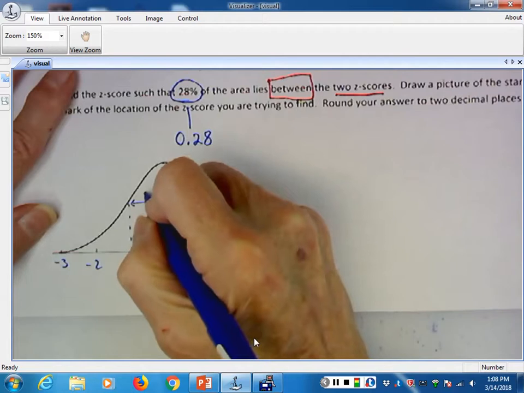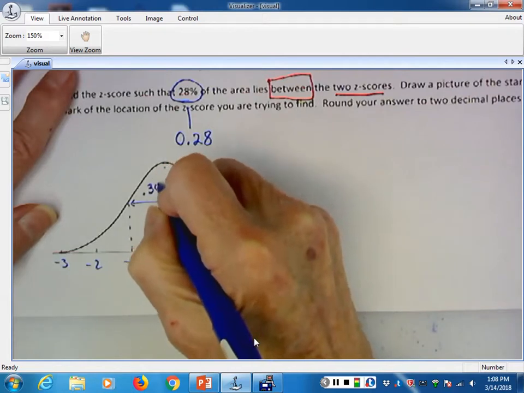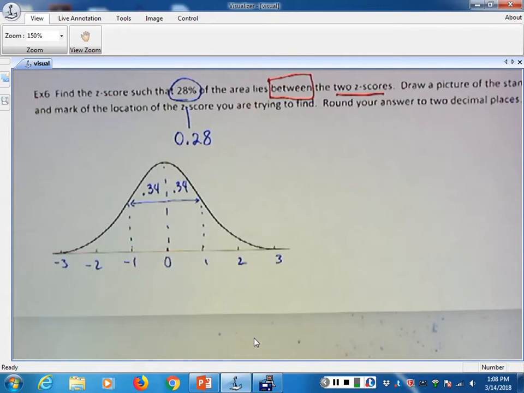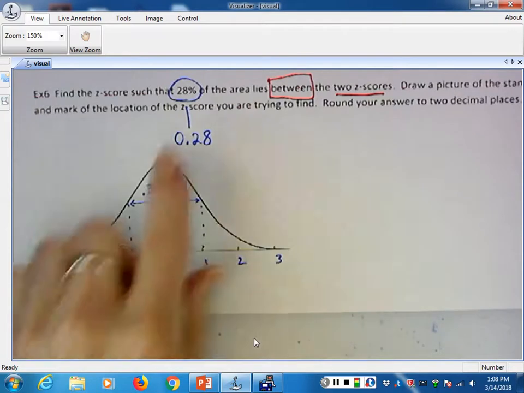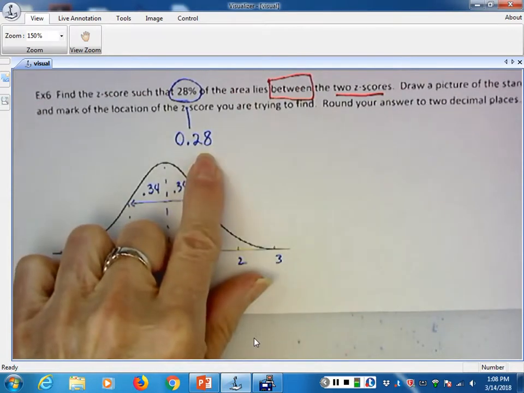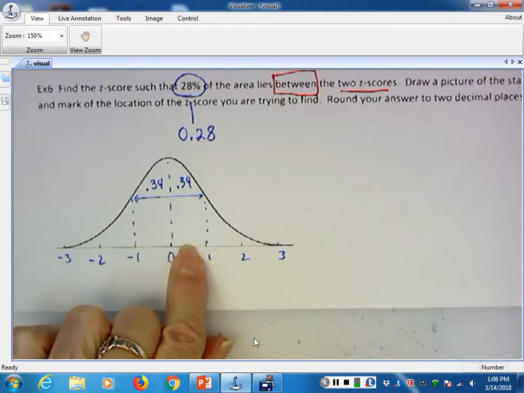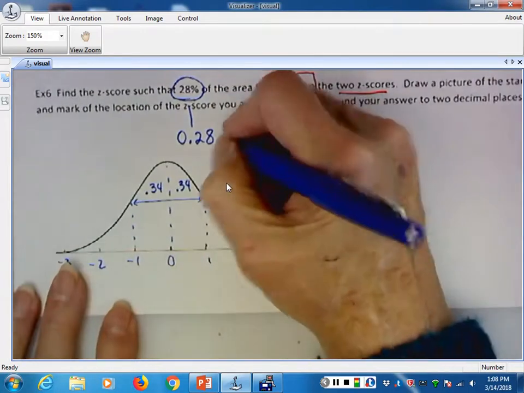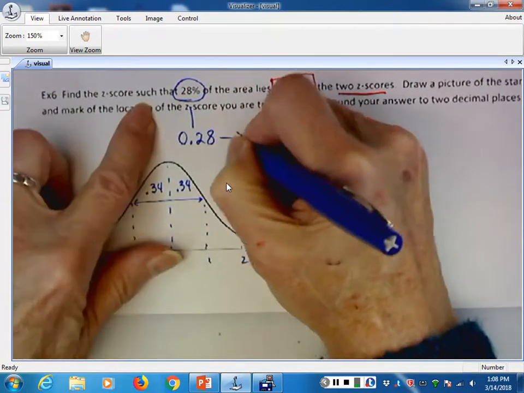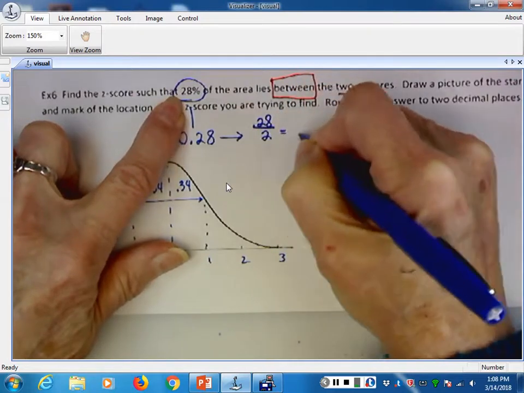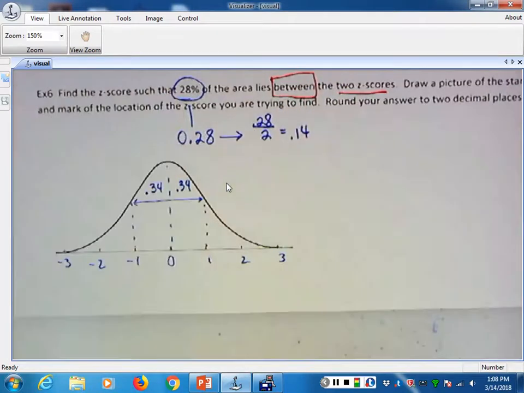But half of that 68%, which is 34%, is here, and half of it's here. Okay? Now, if I want to center that 28%, I need to put half of it on this side and half of it on this side. So half of 28% is 14%.